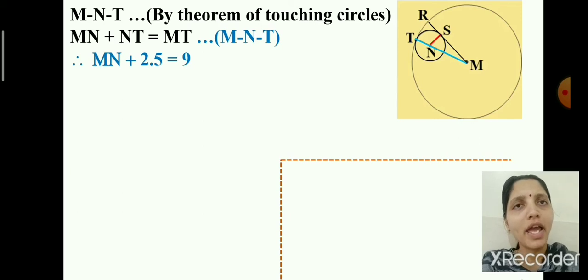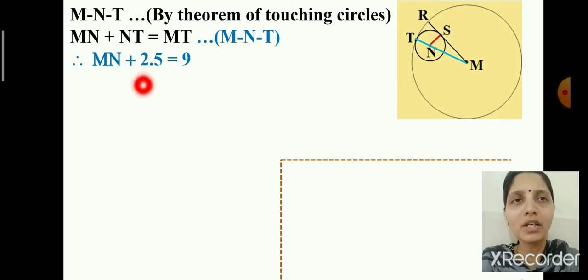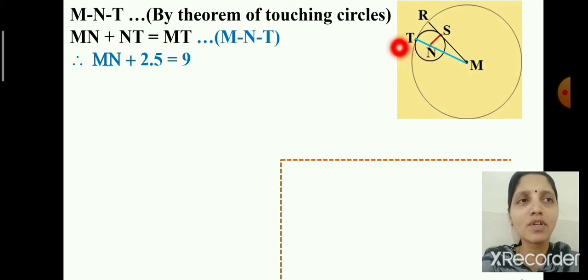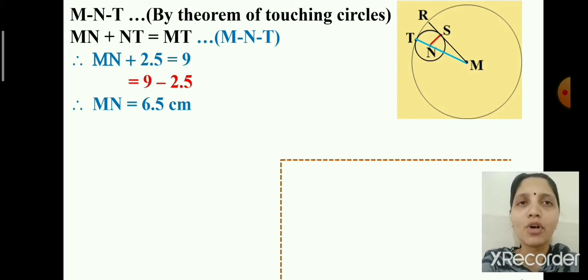Therefore, MN plus NT, we know as 2.5 centimeter because NT is the radius of the smaller circle, that is equal to MT. MT is nothing but the radius of the bigger circle, so it will be 9. Therefore, MN is equal to 9 minus 2.5, that is equal to 6.5 centimeter. So first we got the length of MN.